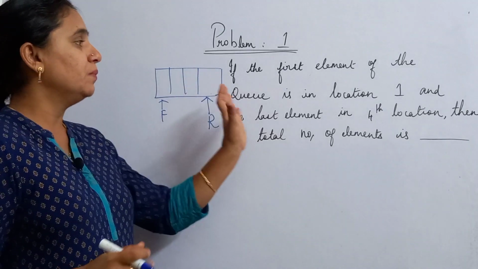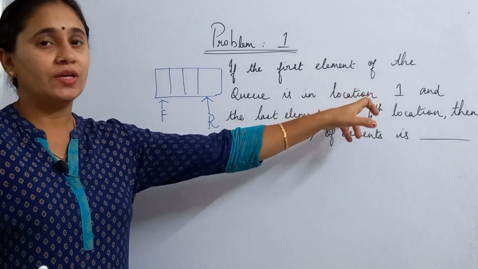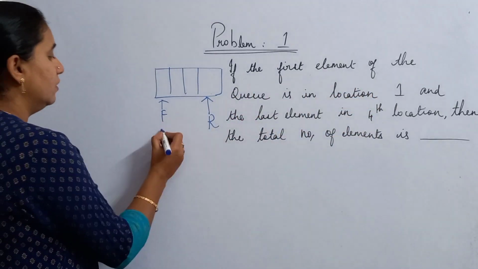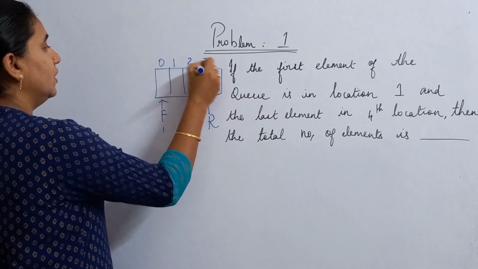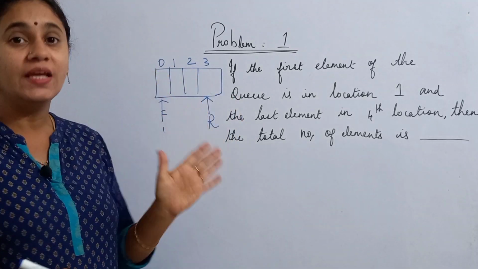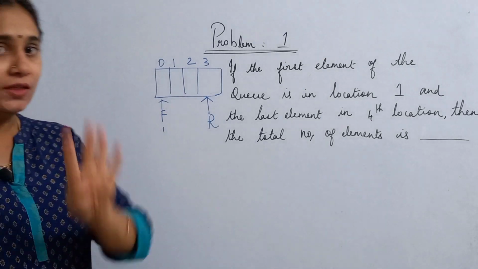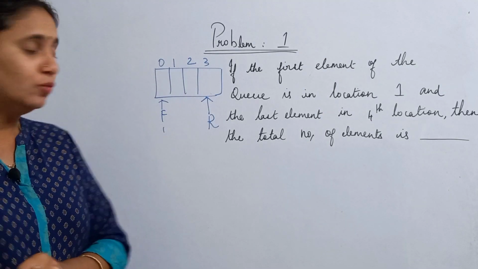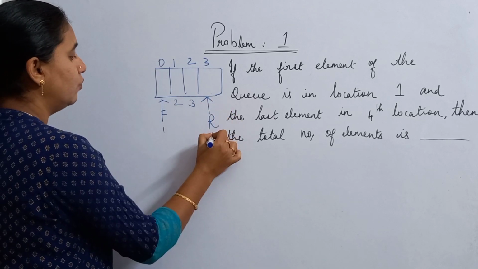Now based on this question, the queue has an element in location 1. So let this be location 1: 0, 1, 2, 3. This is the index used for representing the location of each and every element. So actually we have 4 elements present in the queue, in locations 1, 2, 3 and 4.